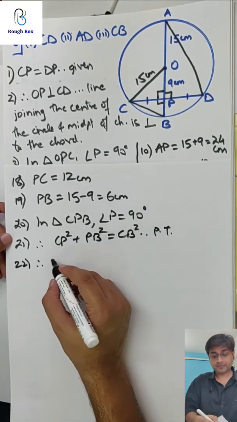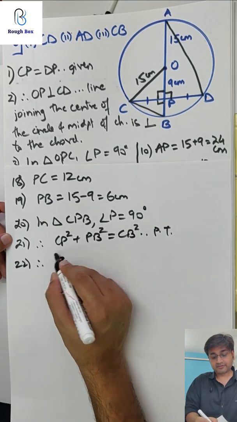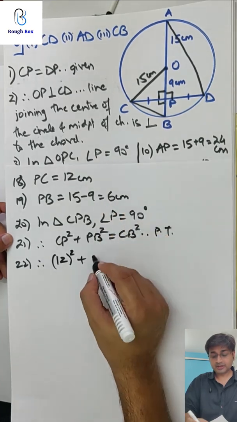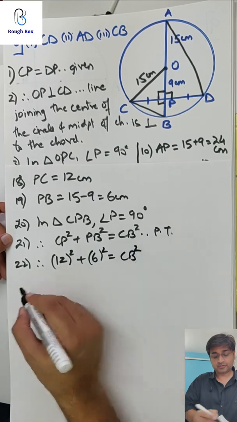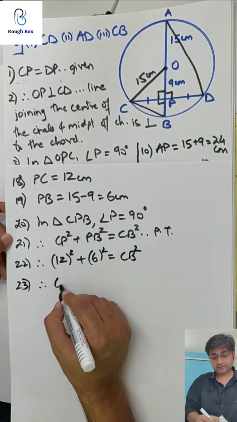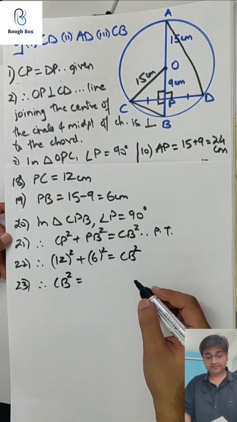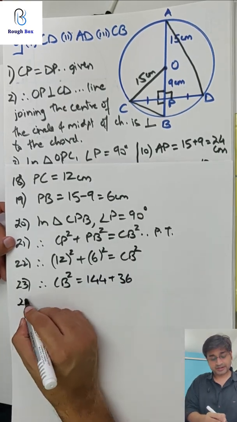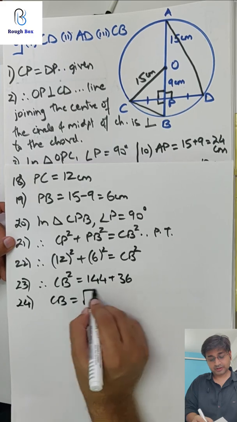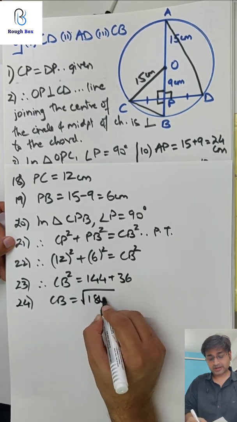So CP is 12, PB is 6, and BC or CB is what we are trying to find. So therefore CB square is 144 plus 36, so that should be 180. So CB will be root of 180.